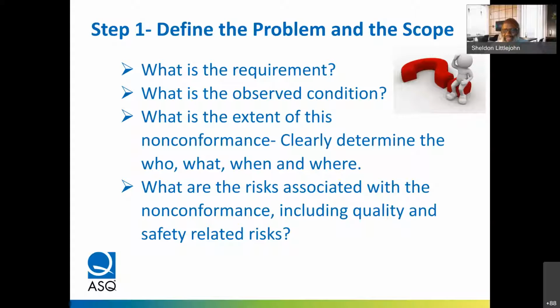So all of this needs to be addressed, as it will determine what type of approach we take later on to drive the actions that we need to fix this issue. And all of this encapsulates the definition of the problem and the scope of that problem. I'll use terms such as problem and nonconformance interchangeably.